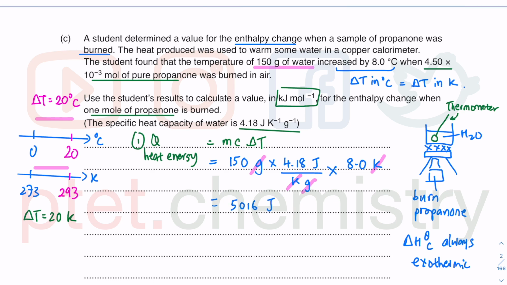This is in joule. But what do they want us to do? They want enthalpy change. Enthalpy change has sign, it has value, and it has unit. So the sign there is going to be exothermic, because the temperature increased. So I'm going to put negative. I'm going to convert the joule into kilojoule by dividing by 1000.